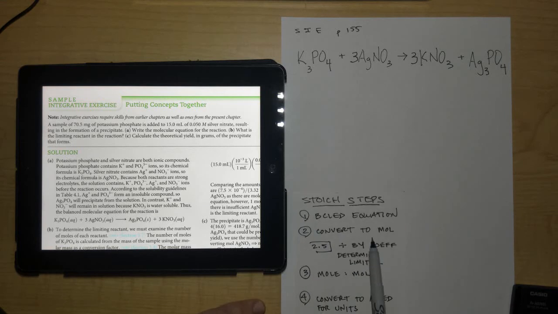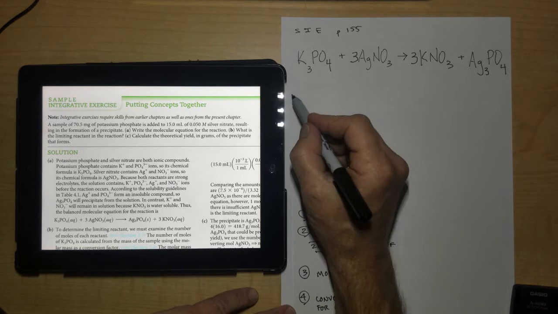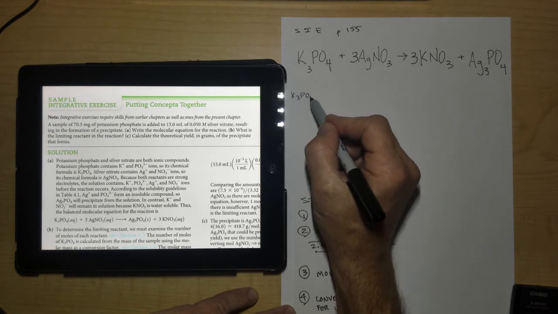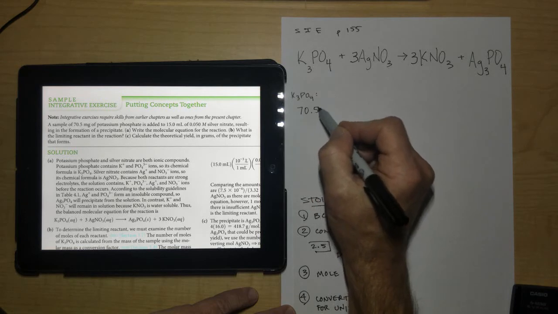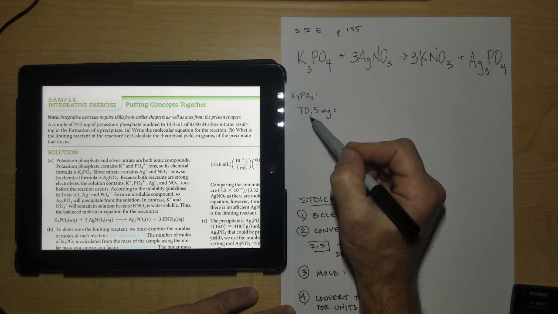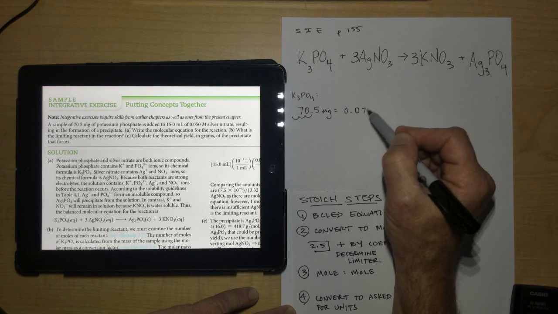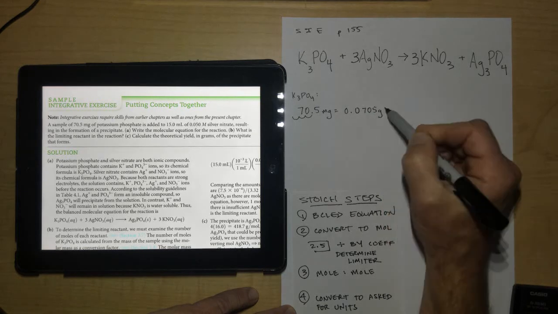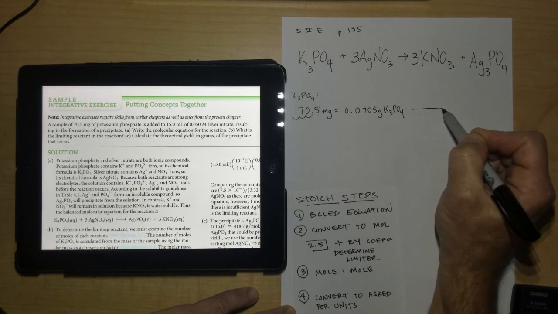Step number 2, when in doubt, convert to moles, and I'm given 2 things that I can convert to moles, so I'm going to have to do 2 of them and then go on to step 2.5. So the first thing I'm going to do is take my potassium phosphate, and I'm going to convert that to moles, and I'm told that I have 70.5 milligrams, which if I want that in grams, I've got to go 3 to the left. 1, 2, 3, so 0.0705 grams of the K3PO4, and then I'm going to convert that to moles.